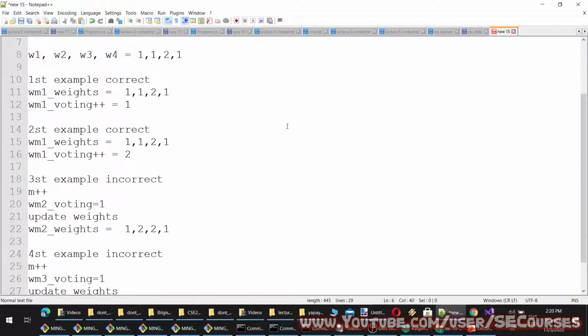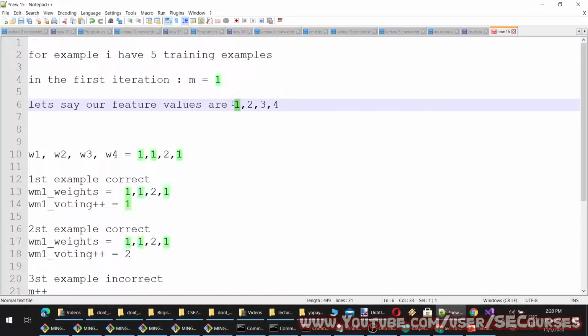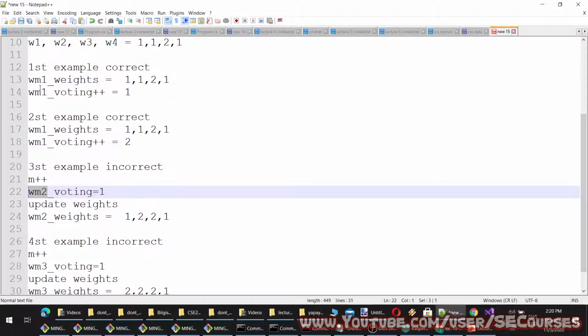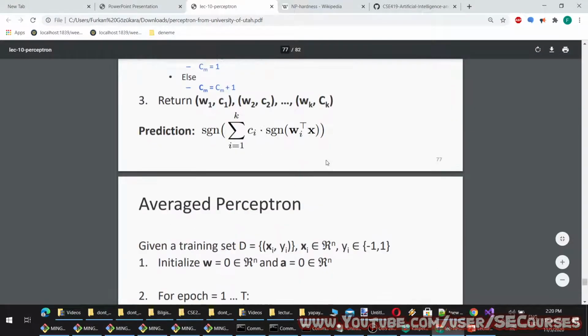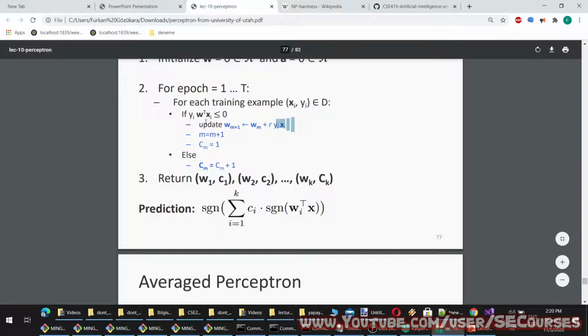So when calculating the final product, they will be multiplied with each registered weights like this, VM1, VM2, VM3, and all of them will be summed to decide the final class.